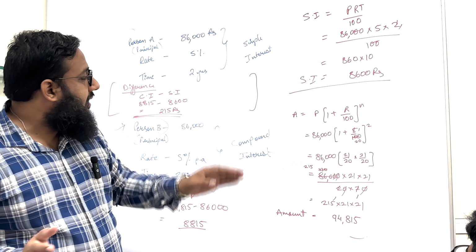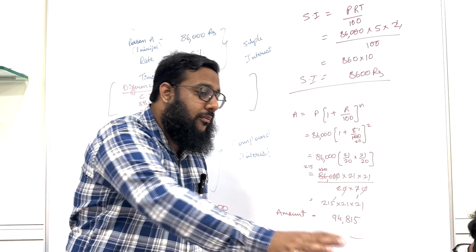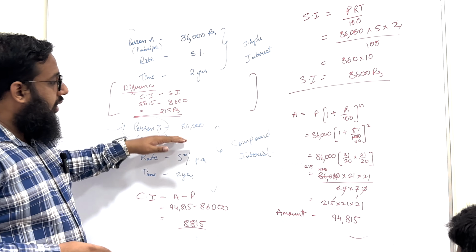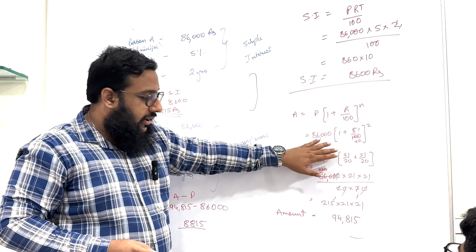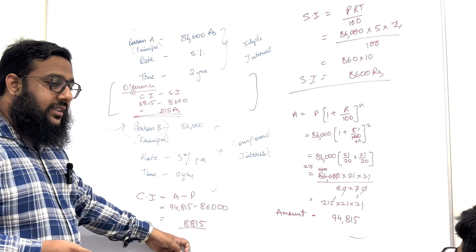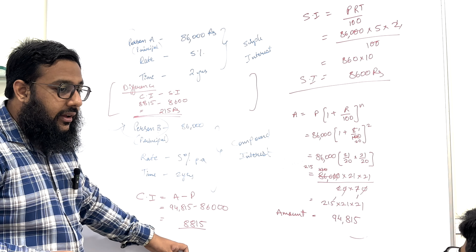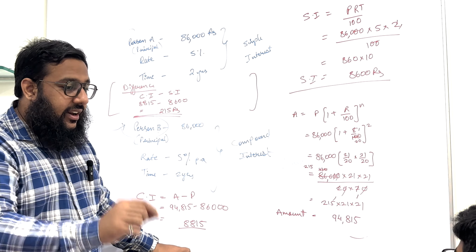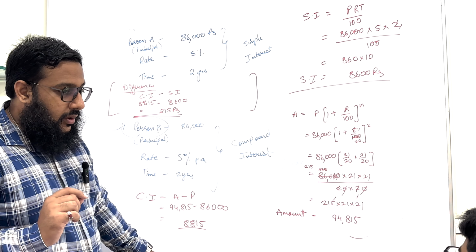Now Faizan has given the same money to you, but on compound interest. So if you calculate the compound interest, you will get 8,815. So you will pay 8,815 as interest to Faizan.